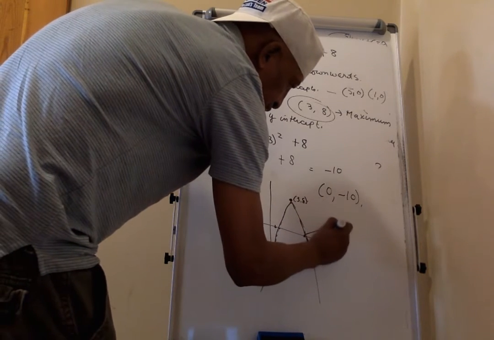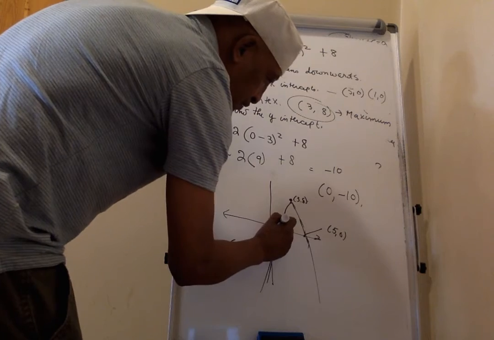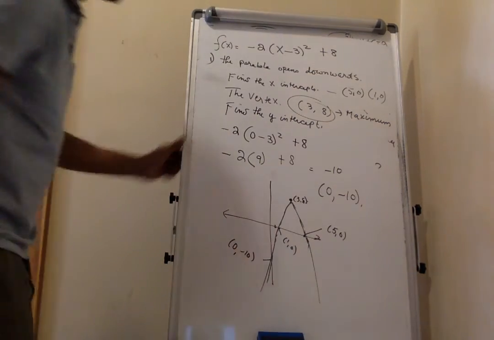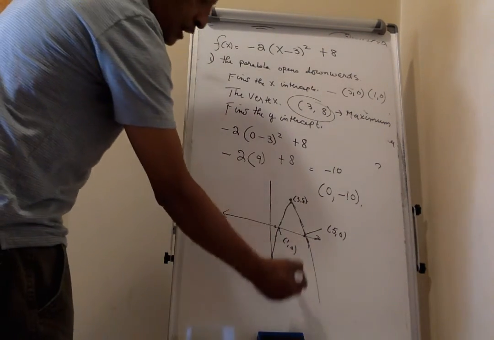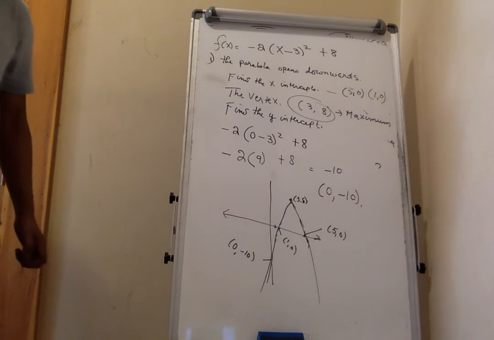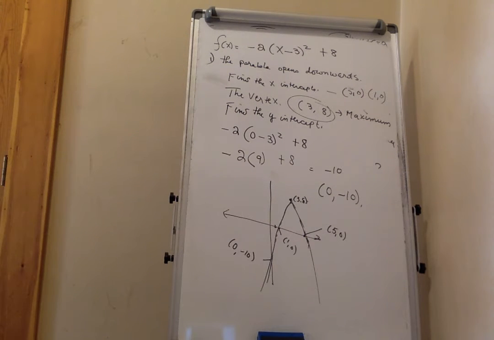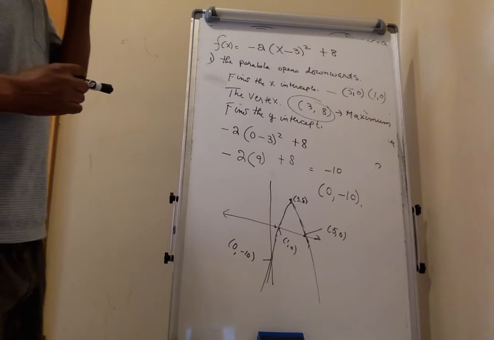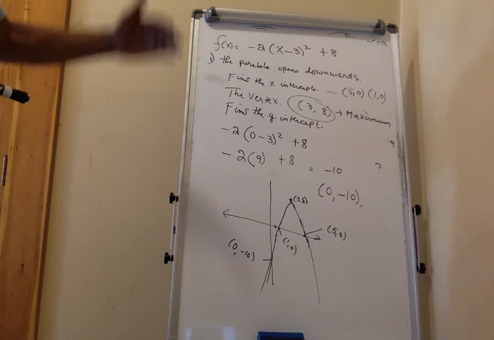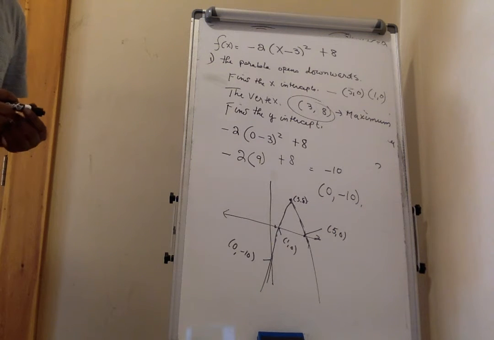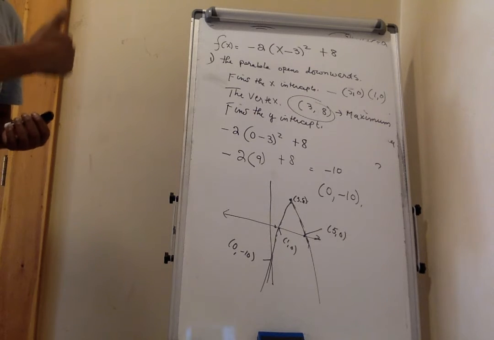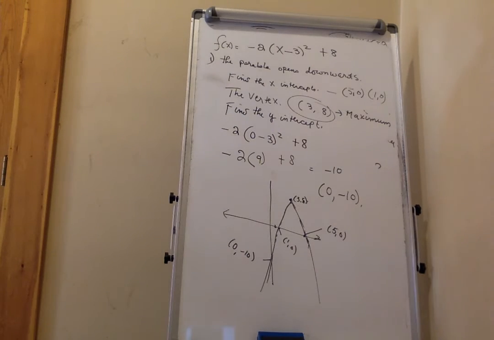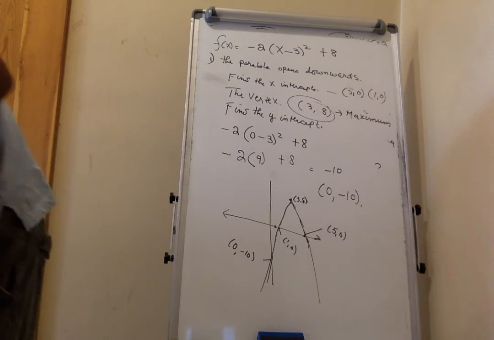This is your 5 and 0. This is your 1 and 0. The vertex cuts the parabola into two halves. So that is the graph of f of x is equal to -2(x - 3)² + 8. So you're going to have five different procedures that you have to follow in order to do the graph.